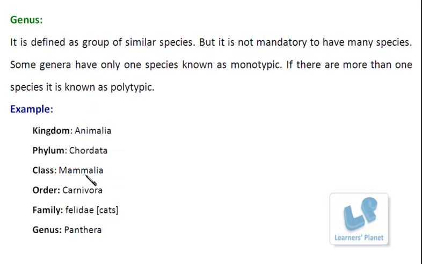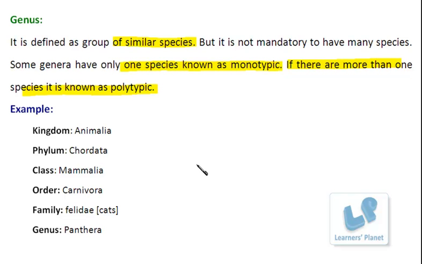So genus is basically a group of similar species, right? And of course, it is not necessary that a genus is made up of a single species or more than that. It may be comprised of a single species, so that is known as the monotypic genera, or it may be comprised of more than a single species, which is known as the polytypic genera.